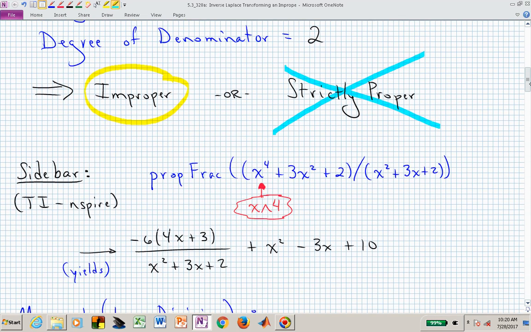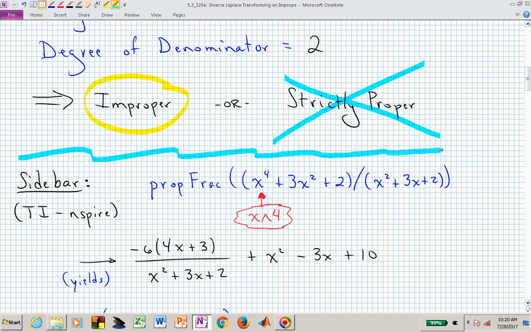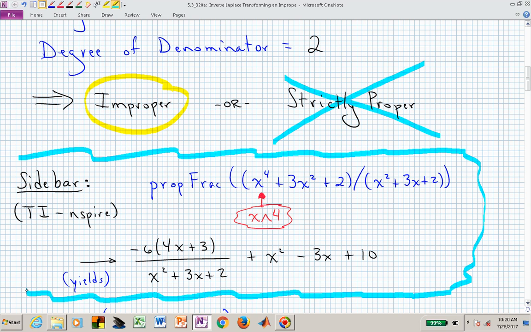As a sidebar, if you are fortunate enough to have a TI calculator that does symbolic manipulation, you can use the proper fraction function, propFrac, on this example, where you might have x to the 4th plus 3x squared plus 2 in the numerator and x squared plus 3x plus 2 in the denominator.